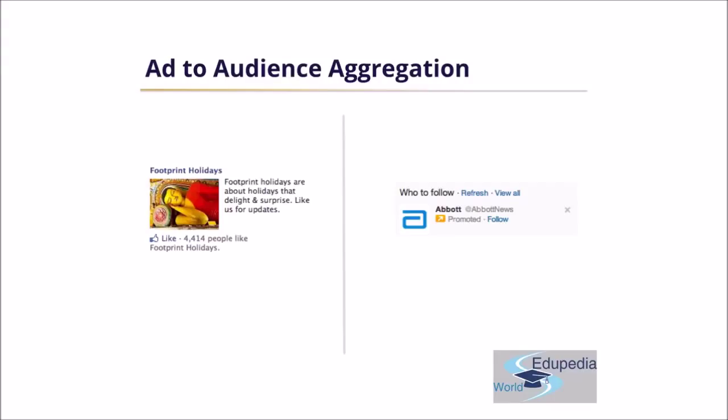On the right hand side is what you can see is a no-no, right? This is an advertisement on Twitter which doesn't say much. It's just a logo and it just says promoted and you have to follow. So this is a bad example for audience aggregation because there's no text to it.